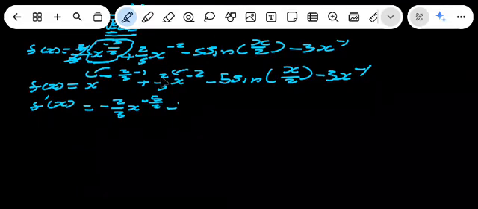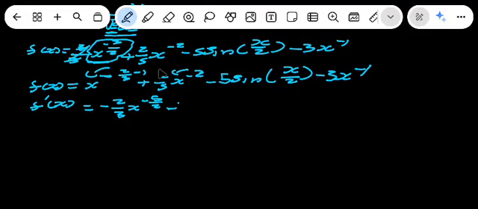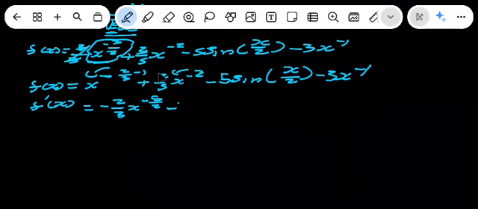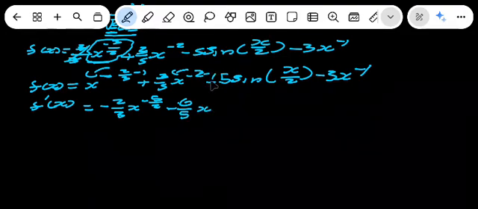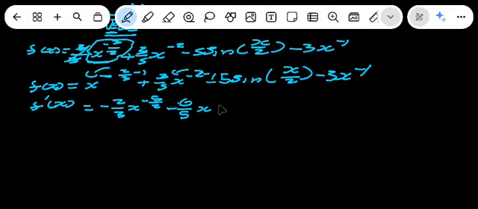Here it is 3, also this is 3, 2 multiplied by that will be minus 6 over 5, then minus 1 here, you have minus 3.